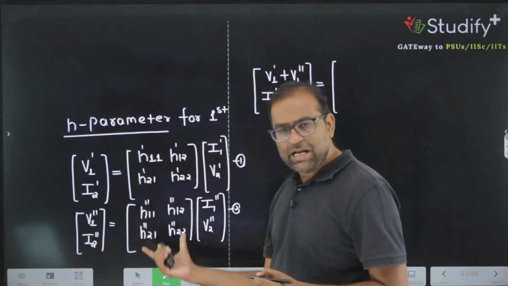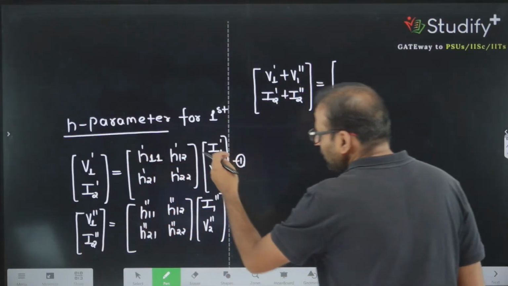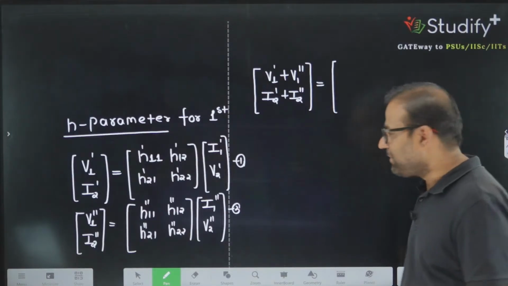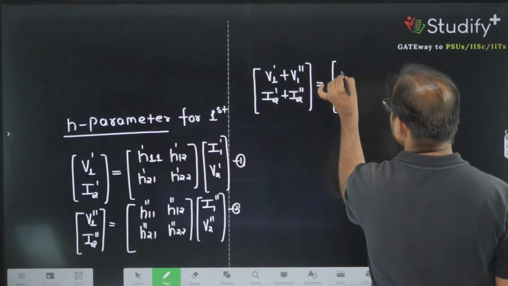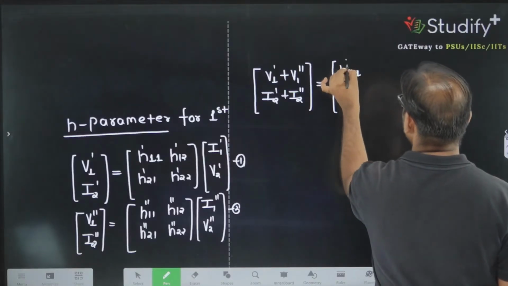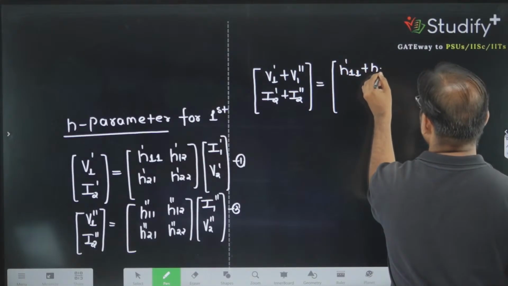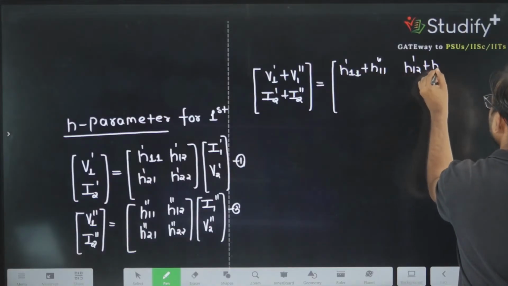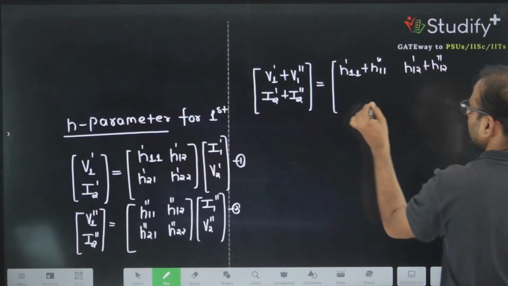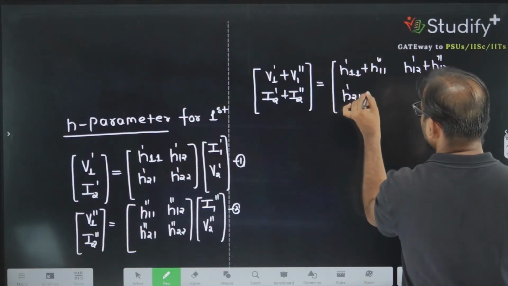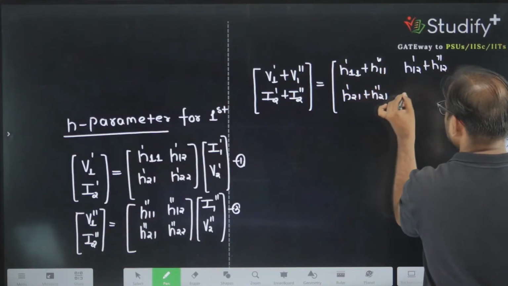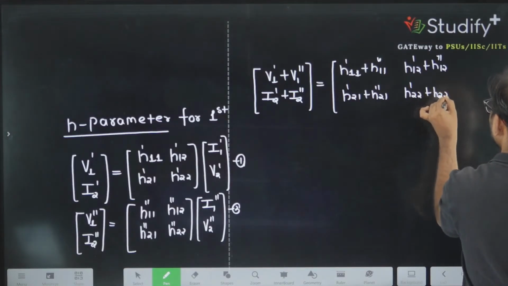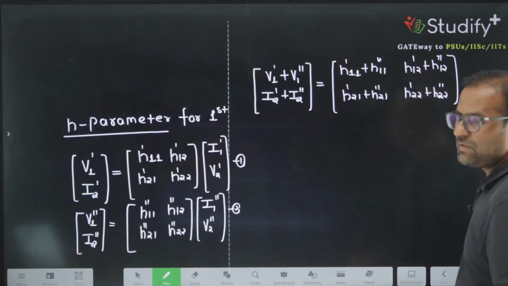Because I1 prime is equivalent to I1 double prime and V2 prime is equivalent to V2 double prime, if these numbers are same, you can add this directly: H11 prime, H11 double prime, H12 prime, H12 double prime, H21 prime, H21 double prime, H22 prime, H22 double prime. This much of what?